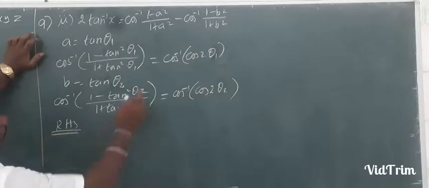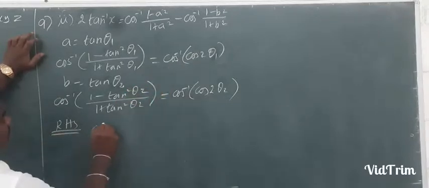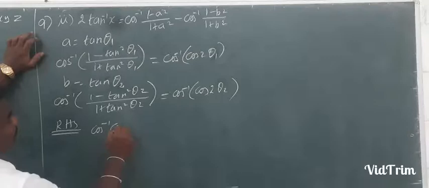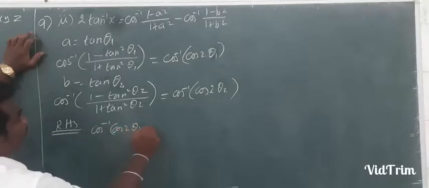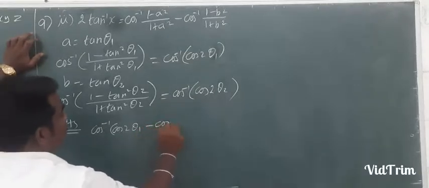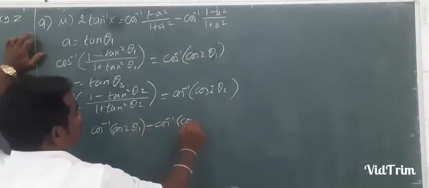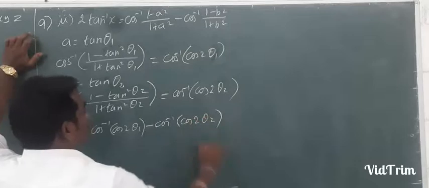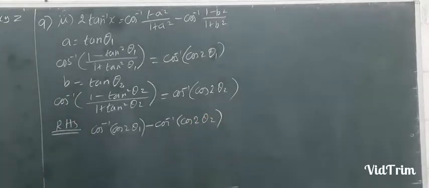We have cos inverse of cos 2 theta 1 and minus cos inverse of cos 2 theta 2. Here 2 and 2 are common, so we take 2 out of the bracket.